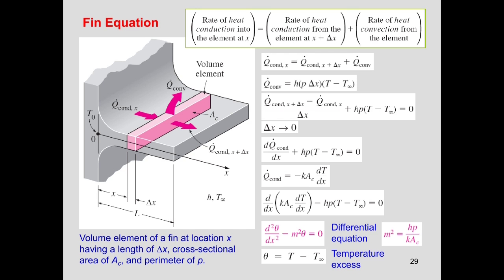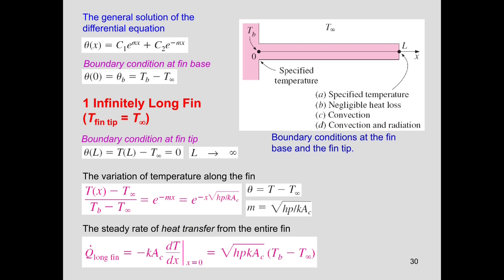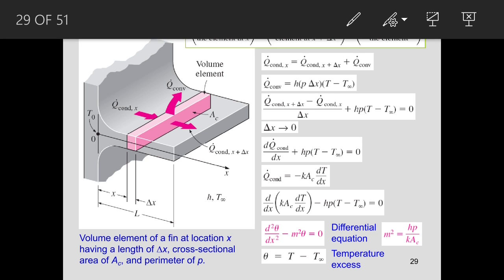Now, to find the fin equation, we have considered a base material, and for that base material we have used an extended surface, or the fin. We consider the surface temperature of the base material as T0, or we can say Tb, the base temperature.